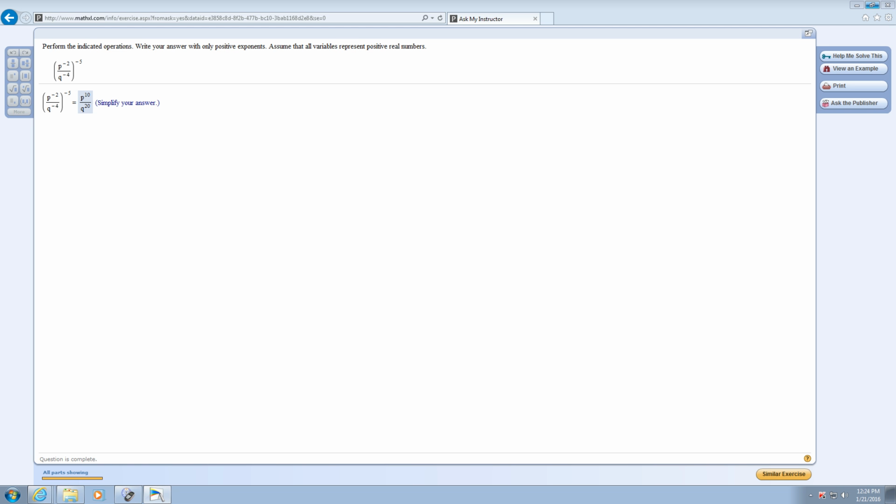Now what's the trick? What's the bait that they throw in here? They're trying to get you to bite. What are they trying to get you to bite? They're trying to get you to subtract the exponents. You can't. Why? Because the bases are what? The bases are not the same. Dang old highlighter, dang old green.